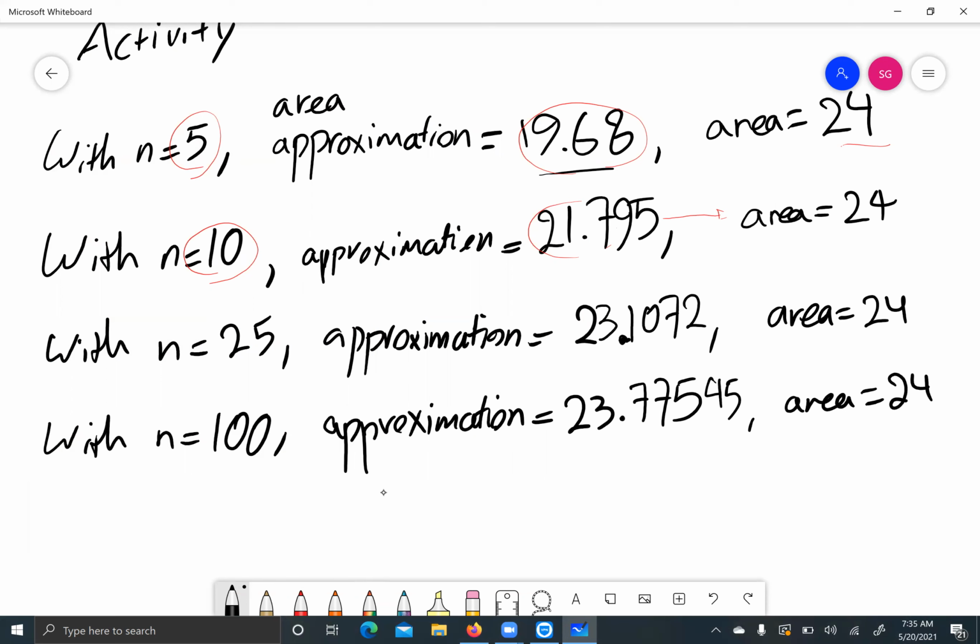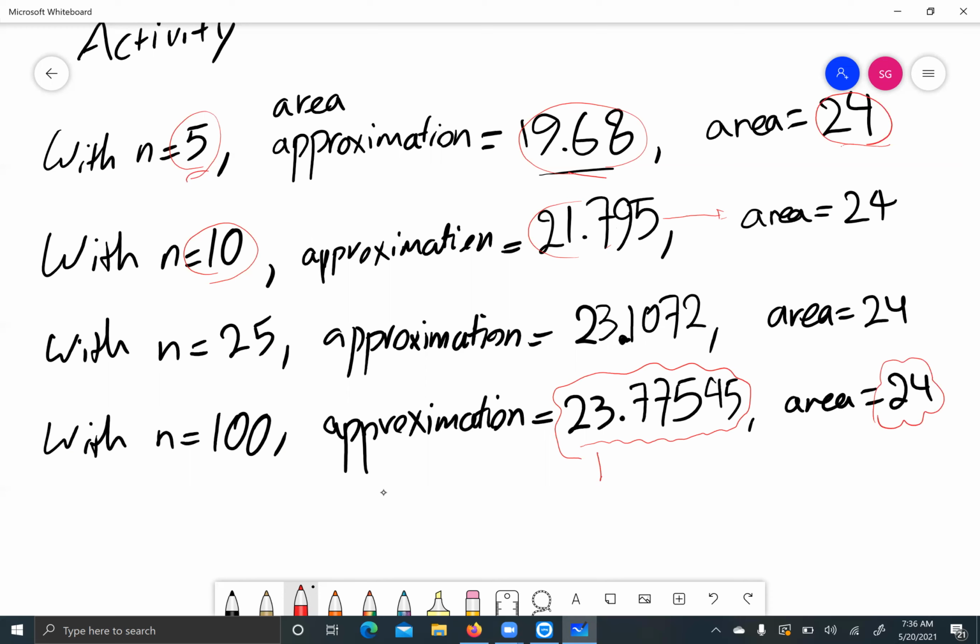This is the exact value, 24. Now what we get here is approximation, right? With 5 we said the area is 19. With 10 boxes we said the area is 21. With 25 boxes, the approximation is 23. And with 100, the approximation is 23.775, which is pretty close to 24.